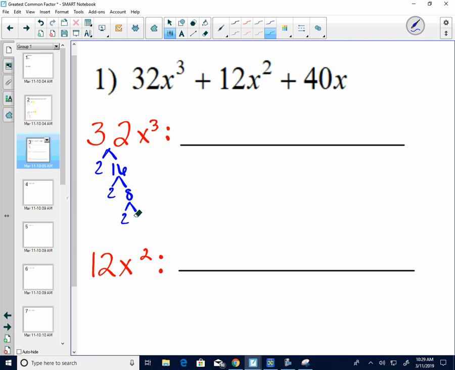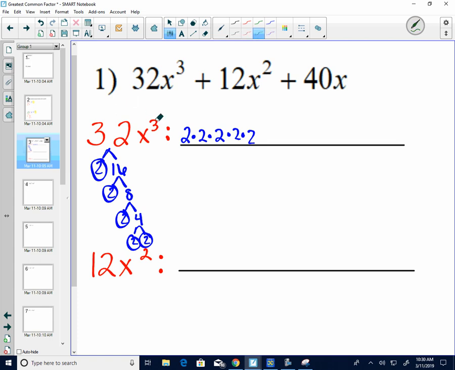So I can multiply 2 and 4 to get 8. And then I can multiply 2 and 2. So in this case, I've got five 2's. So I can do 2 times 2 times 2 times 2 times 2 to get 32.